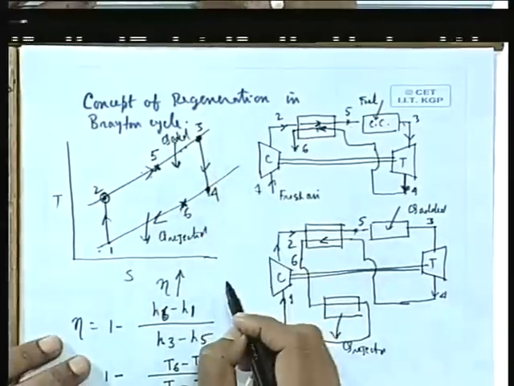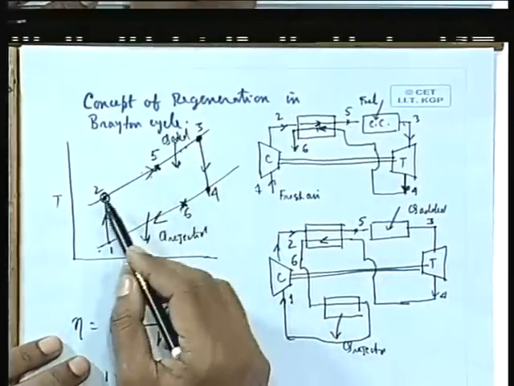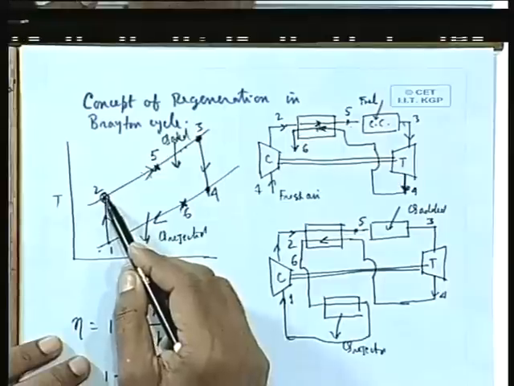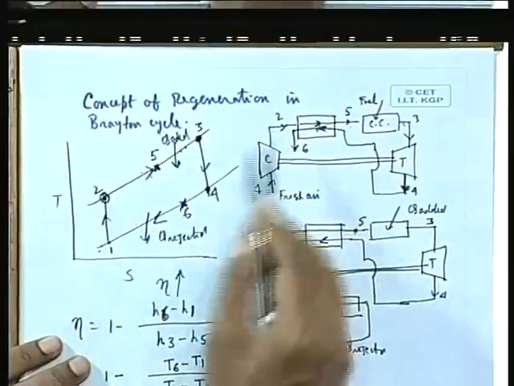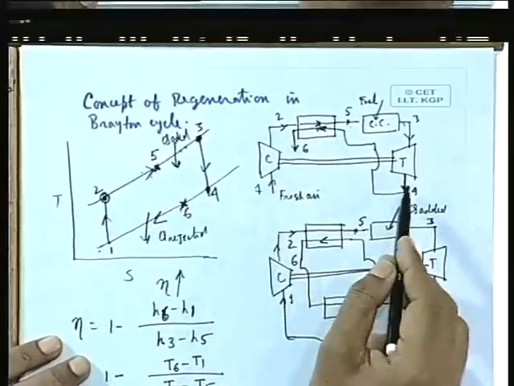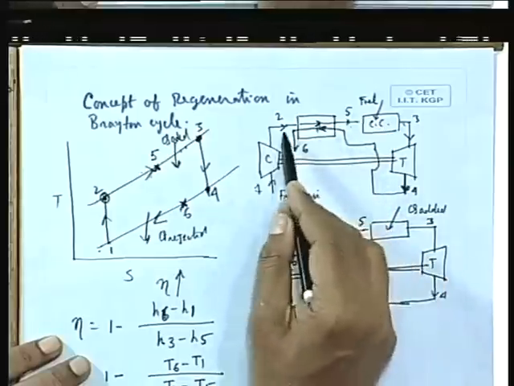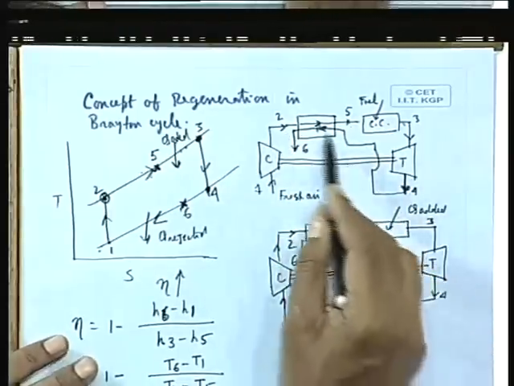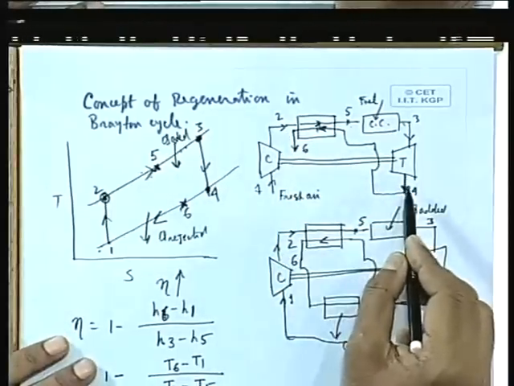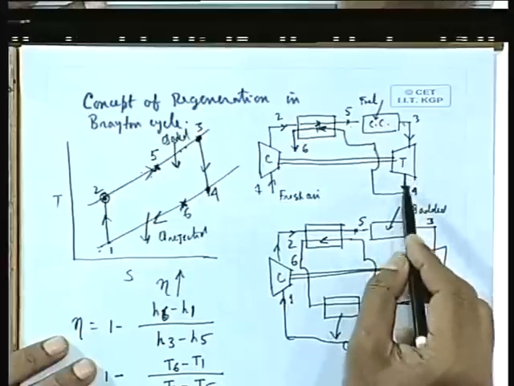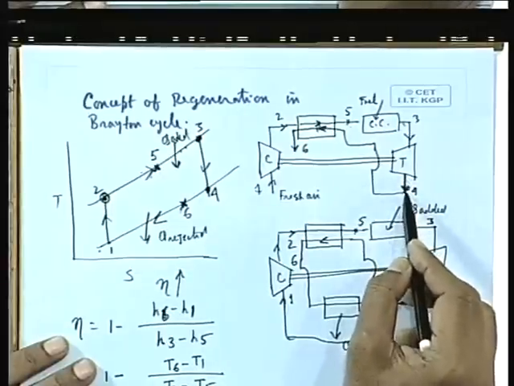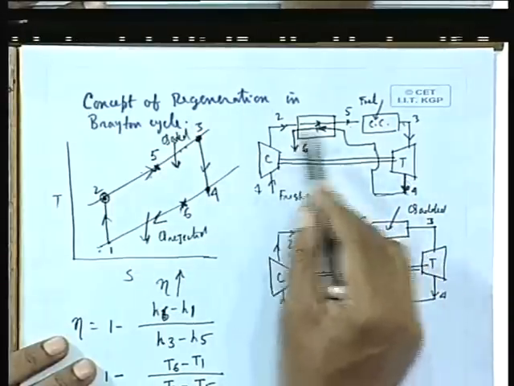This is the concept of regeneration, by which we increase the temperature at the outlet of the compressor, or the inlet air, to some higher temperature by using the thermal energy. I will not say heat, because heat is never contained in a fluid. So, thermal energy, or loosely the heat content in this working fluid coming out from the turbine, is used to heat this. Okay.